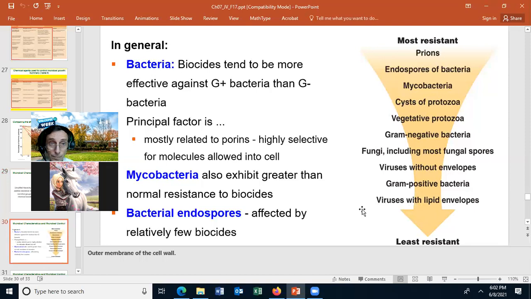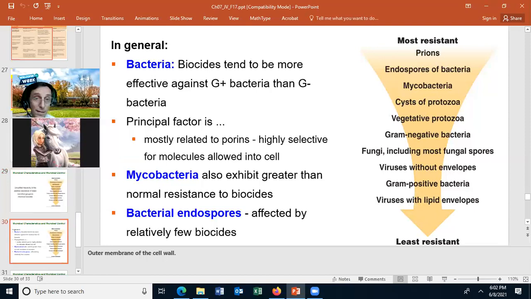But this is talking about the bacteria and the microbes in general, you do have to realize that there are exceptions. The mycobacteria are fairly resistant to most chemicals because of their mycolic acid.